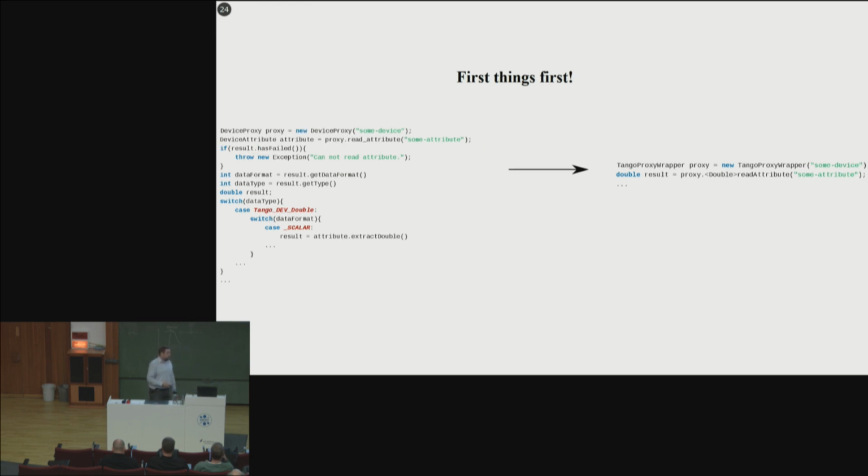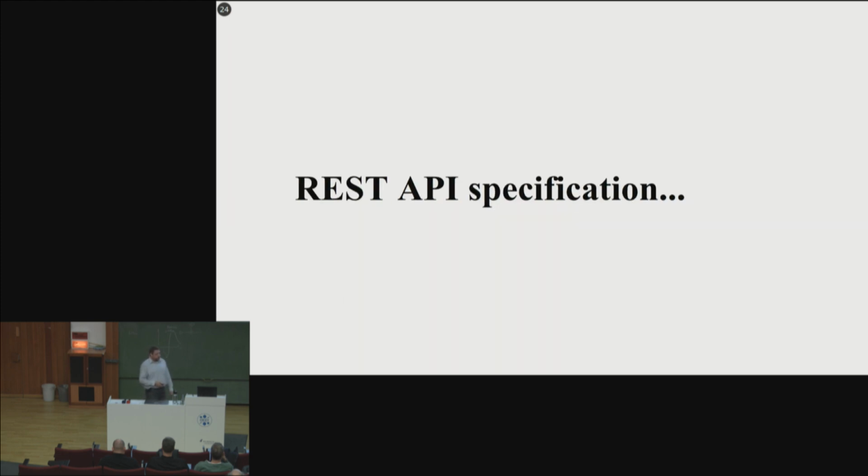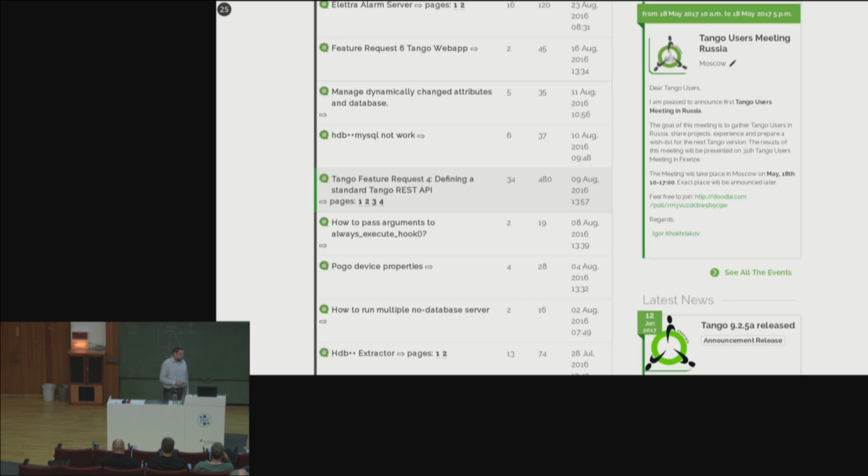Another thing when I came to the Tango world is that it had no web interface at all. So what was the decision? I decided that it might be interesting for the Tango community to have a REST API specification. And this is what I did.